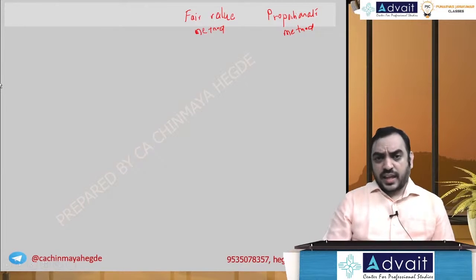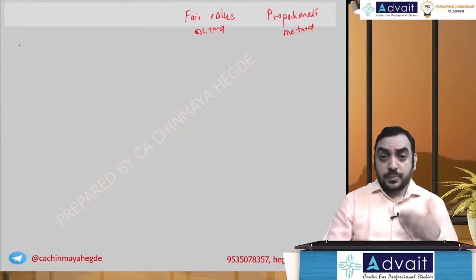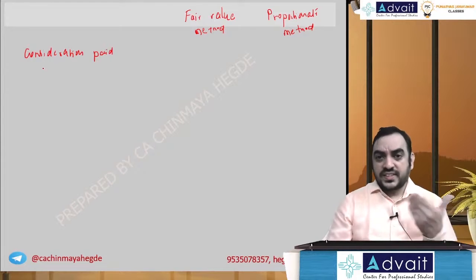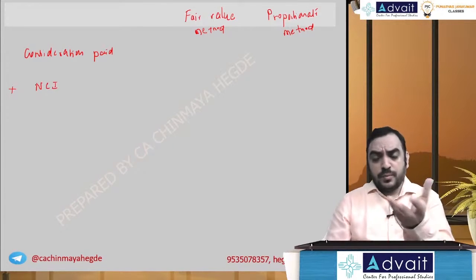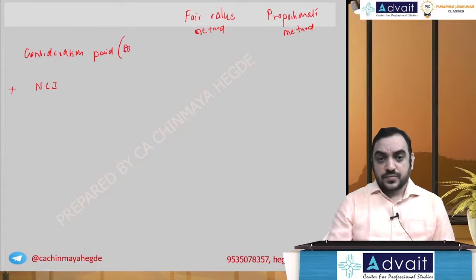What will be the calculation steps? We take the purchase consideration, or we'll say the investment value, consideration paid or transferred, plus non-controlling interest. Consideration transferred will be in this case for 80% because you have acquired 80%.